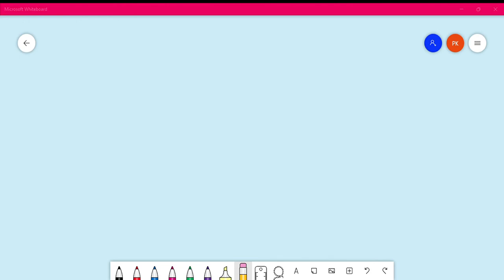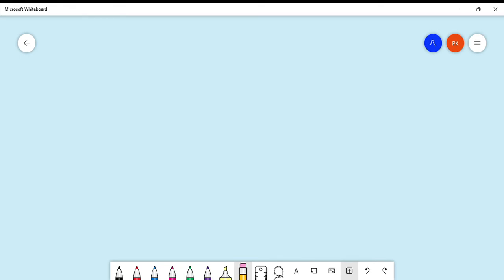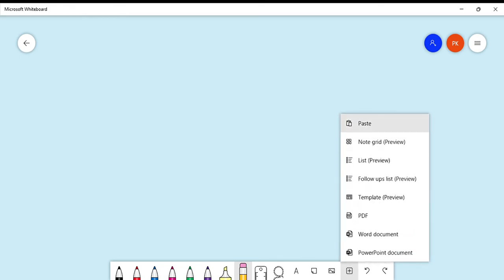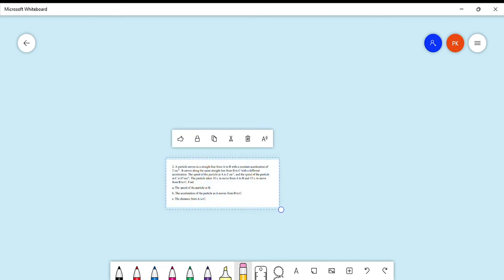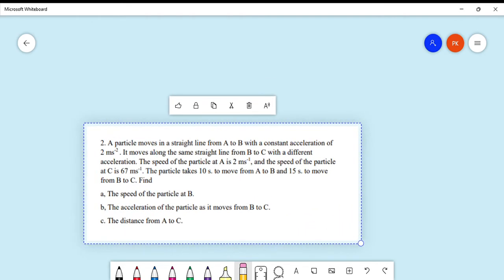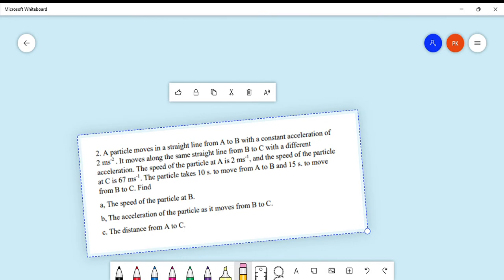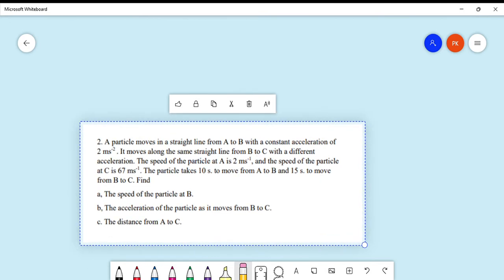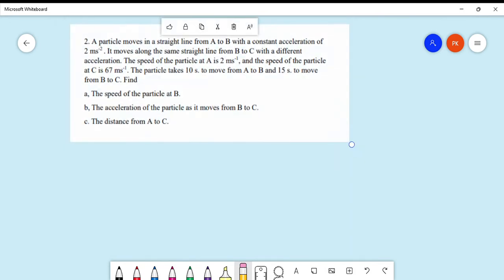Yes, so this is the second problem. Again, take your pencil, go through each word of the problem and mark whatever you find important here.